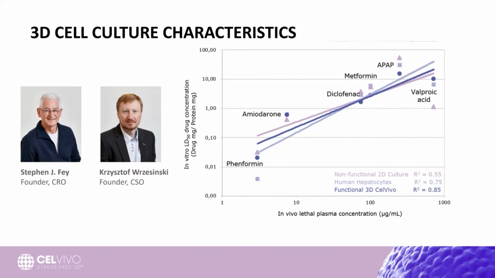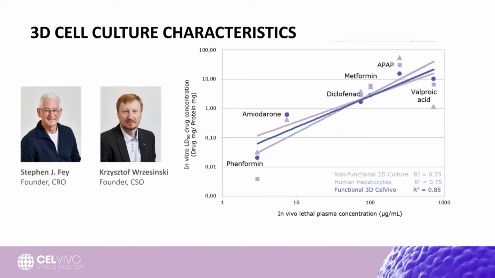So they looked at the in vivo lethal concentration from literature, all the published studies they could find, and then compared it to normal LD50 values of the drug. So how important is it? If it has a perfect correlation of 1, then the model is perfect.